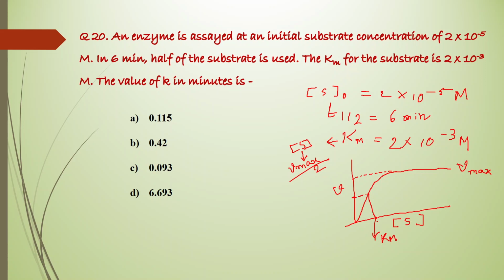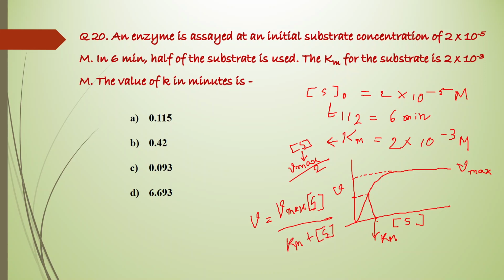And what happens whenever the substrate concentration is very low compared to the Km value? Let us look at the equation. So our equation is V equals Vmax times substrate concentration over Km plus S.